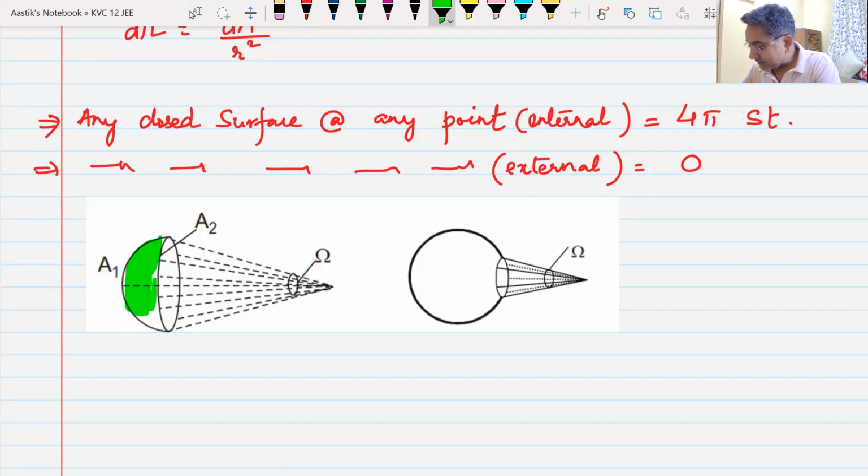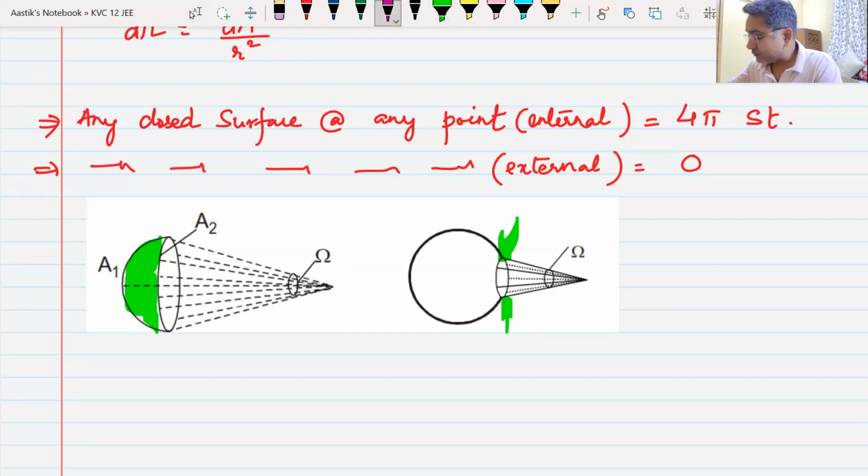But as soon as the surface becomes more and more closed, the solid angle becomes less and less, and when it becomes completely closed, the solid angle becomes 0. Do we understand this? So at any external point, the solid angle would be 0.